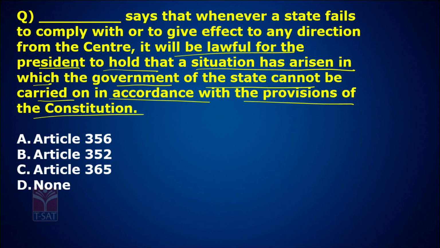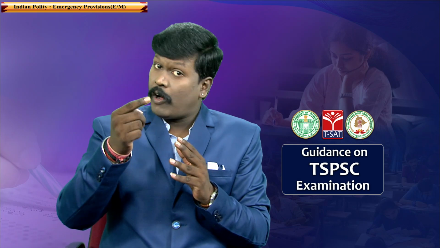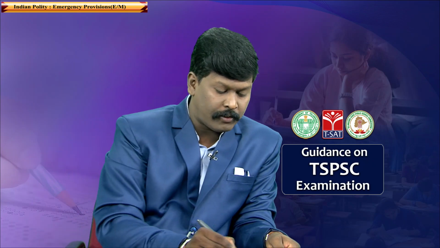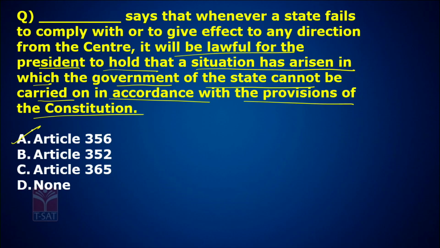This statement says, whenever the state is not in compliance with the center, the president has the right to take an action. One of the actions is president rule. This president rule is discussed in Article 356. This is an action oriented thing. But this statement doesn't talk about president rule.